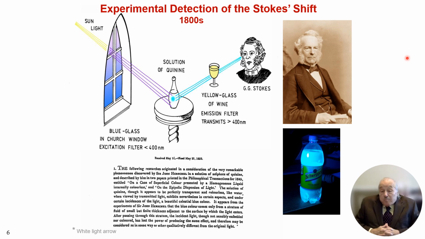I don't think they had plastic bottles in those days, so he used a glass of wine, and he noted that he saw a blue color rather than the color that was impinging on the sample. And this is referred to as the Stokes shift. In all of fluorescence, the emitted wavelengths are always longer than the absorbed wavelengths.